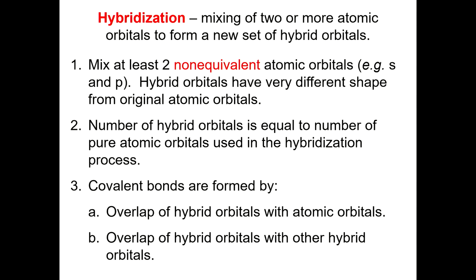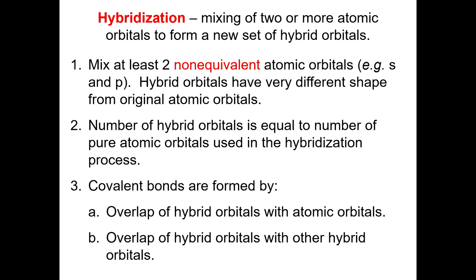This is the first point. Second point, the number of hybrid orbitals is equal to the number of pure atomic orbitals used in this process. Third point, covalent bonds are formed by overlap of hybrid orbitals with atomic orbitals. Now we can see the overlap is from the hybrid orbitals, not only from the atomic orbitals.